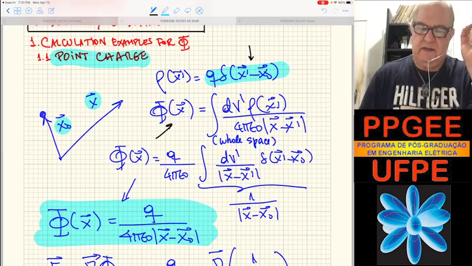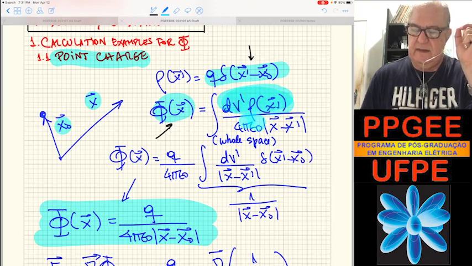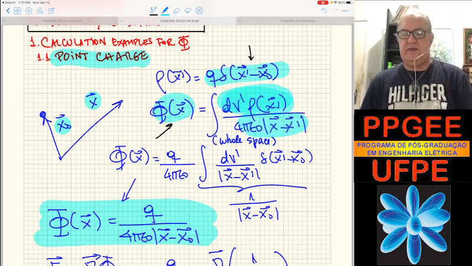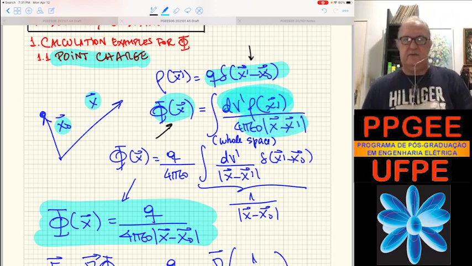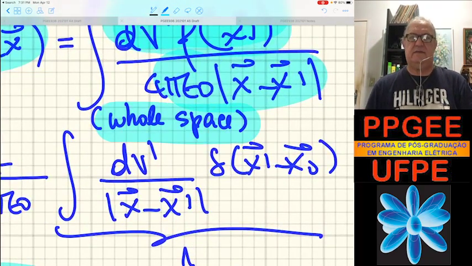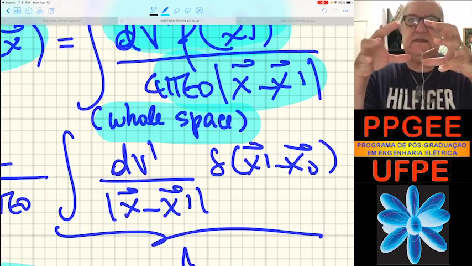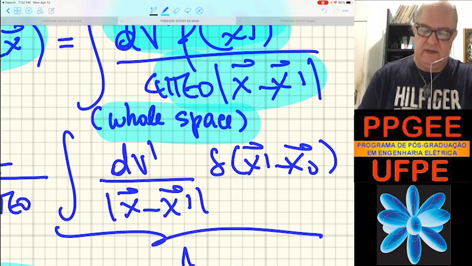That's the definition of the potential function. It is the volume integral of the charge density divided by 4 pi epsilon 0. The integral is made over the whole space, because we want to pick up all the charges. But we have only one single point charge.